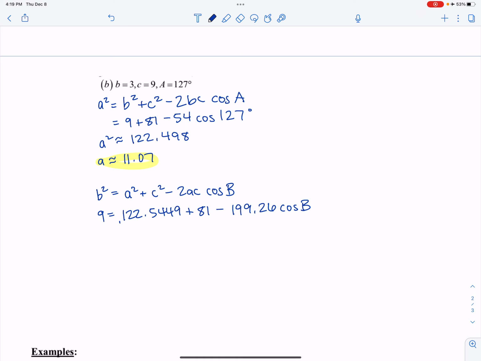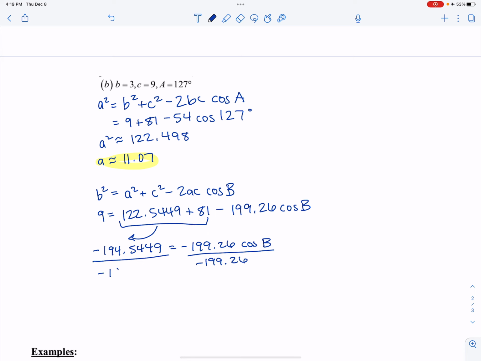Okay, so what I'm going to do is subtract this over to the other side. That's going to give me a negative 194.5449 equals negative 199.26 cosine B. Dividing on both sides will leave us with cosine B is approximately 0.976.